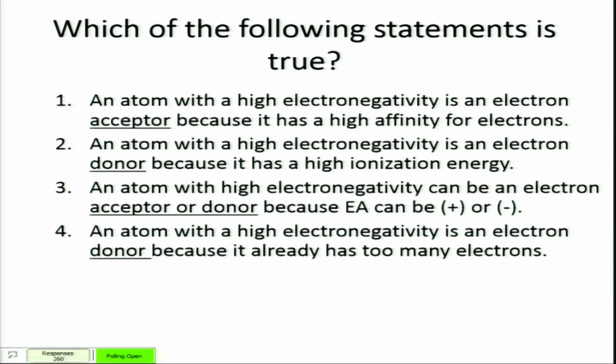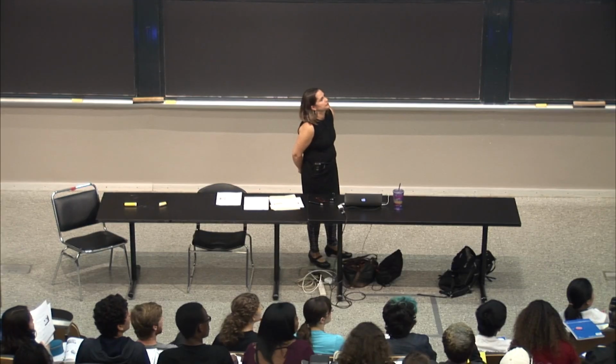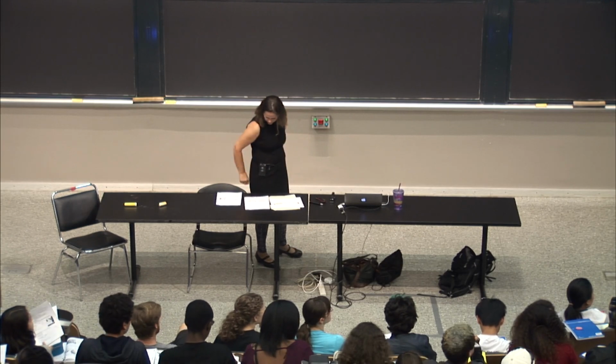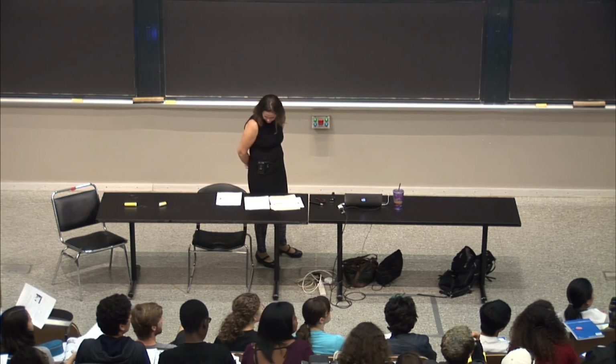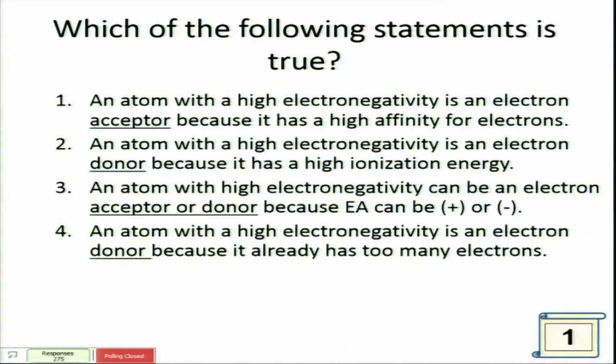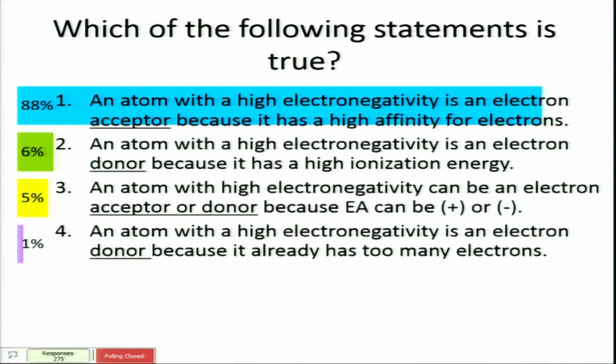All right, so we'll take 10 more seconds. Yes, 88%, that's great. Of course, if you didn't believe it could be a donor, then that ruled out 3 of the 4, but that's okay. Those are good things.